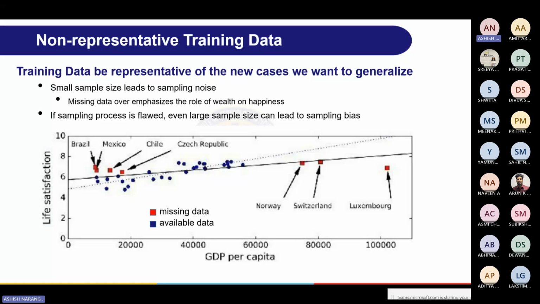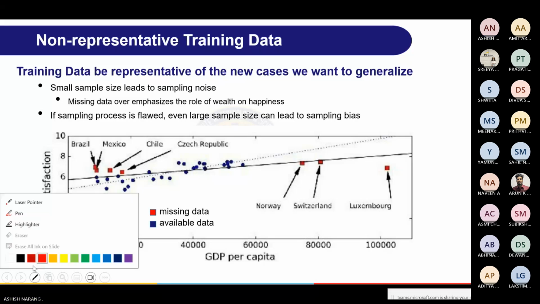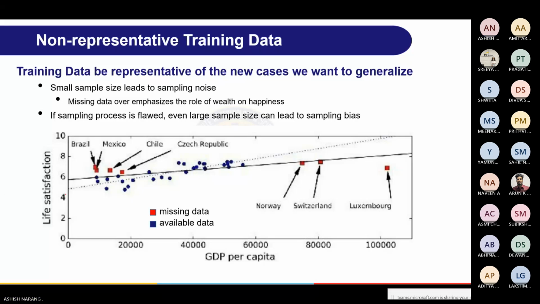There's one line going here. This line. And it also suggests how the trend could change if the missing data were included.